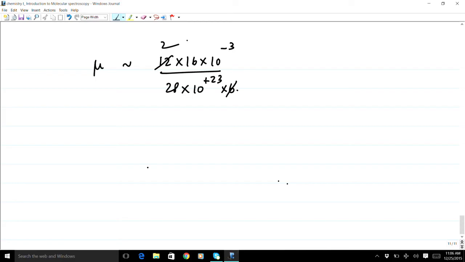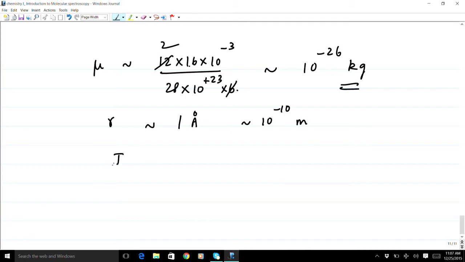You have 2 and 2 into 16, 32 by 28, roughly keep it as 1, you are looking at 10 to the minus 26 kilogram. Okay. Order of magnitude, that is what you are looking at, and that is mu. Let us assume that the bond length is somewhere between 1 and 1.2 angstroms. So, even if we keep 1 angstrom, okay, that is 10 to the minus 10 meters.